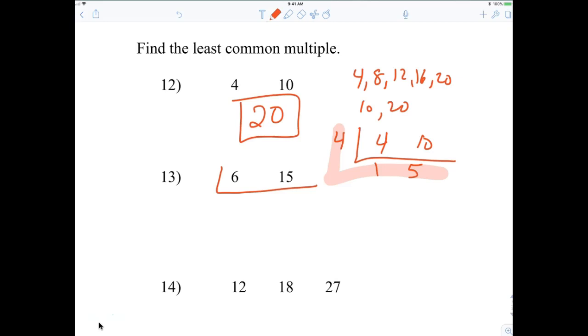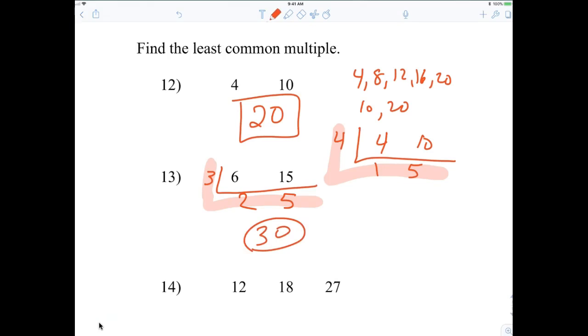Exactly right. Good job, buddy. So let's put a 3 down. Now, is there anything else? No. So now what do I do with those 3 numbers? Multiply them. That's right. So the answer was what? 30. Yes. And if you were just able to look at that and say it's 30, you're in good shape.